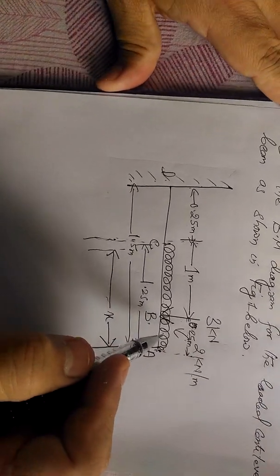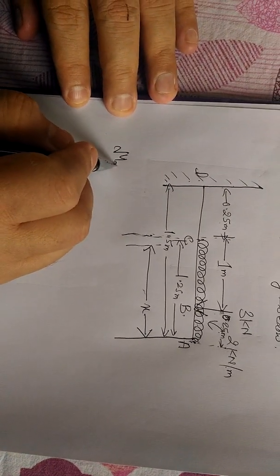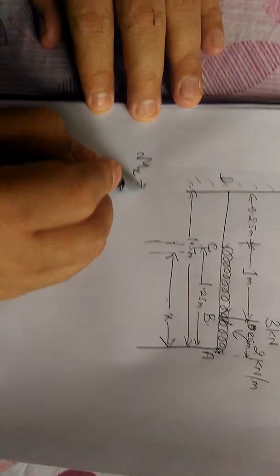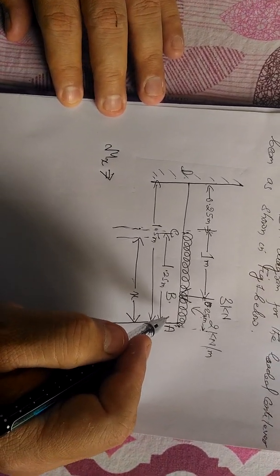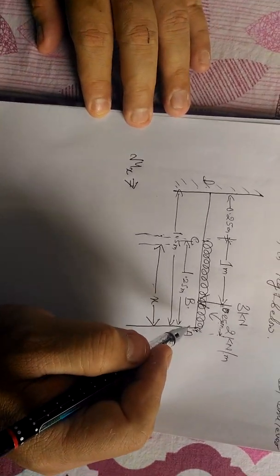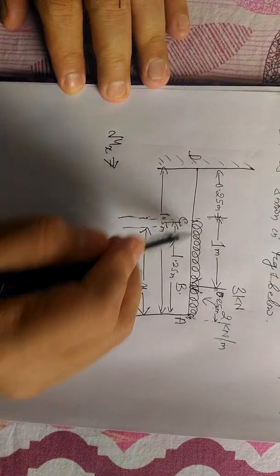So now we'll write a generalized bending moment equation, that is, the bending moment equation at any distance x is equal to, now we'll follow the same sign convention, that is, if the load is downwards then that is negative, and if the load is upwards then positive. So starting from here, first for UDL.